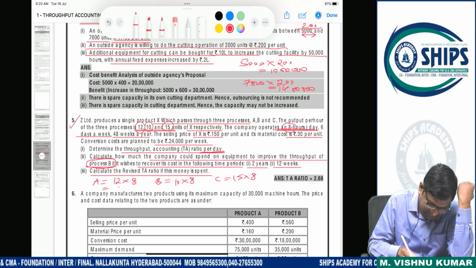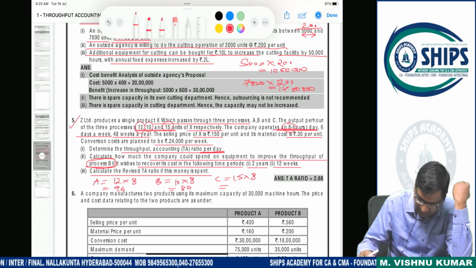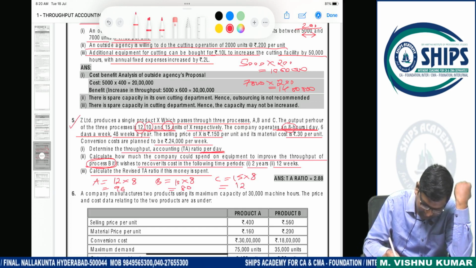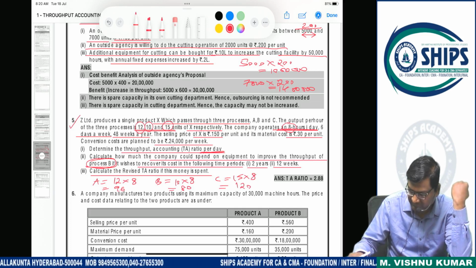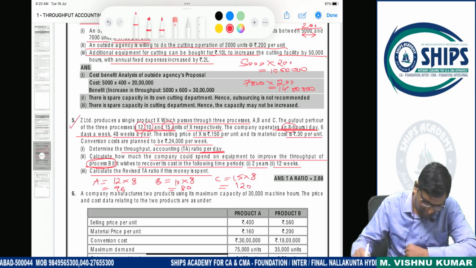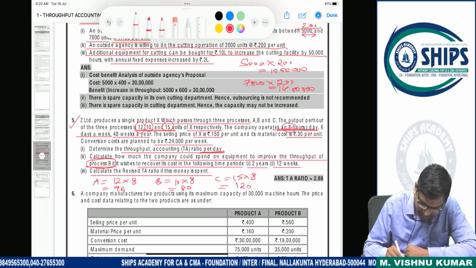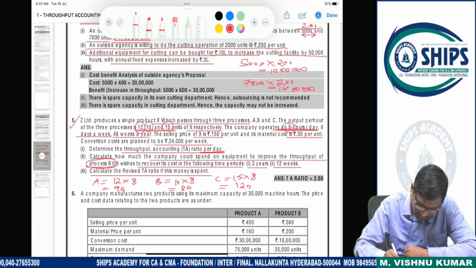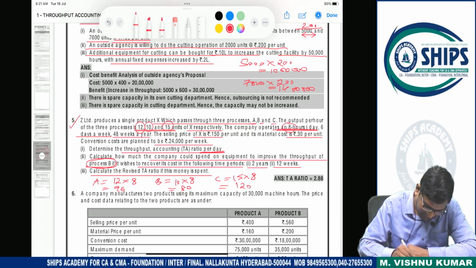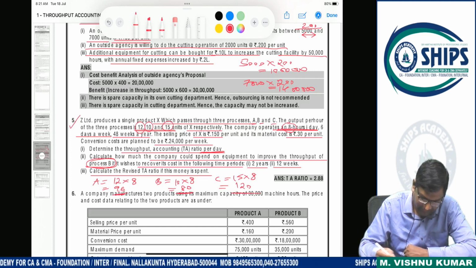So 96, 80, and 120. Now process A's capacity is 96, B's capacity is 80, C's capacity is 120.